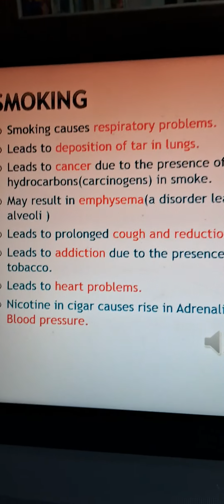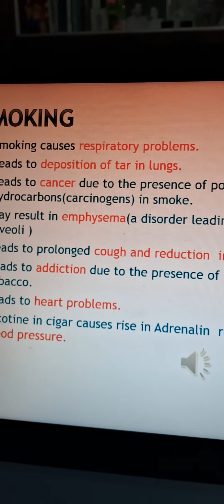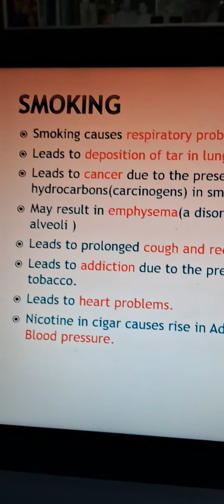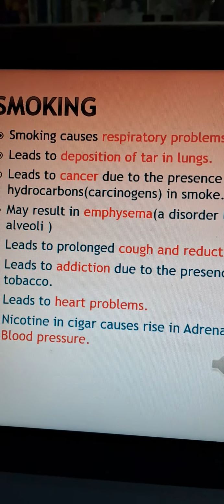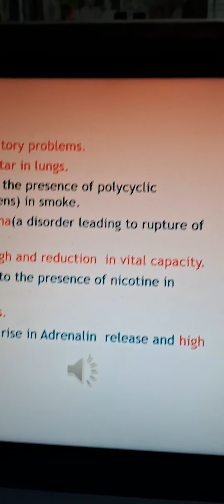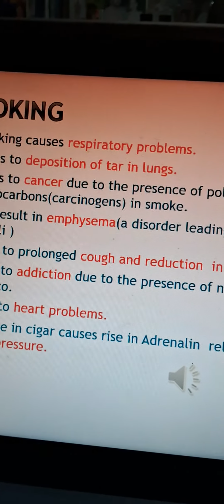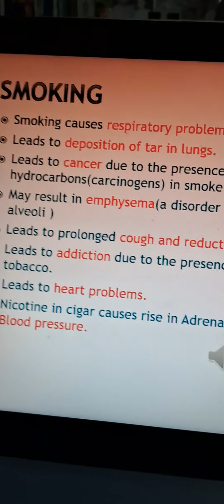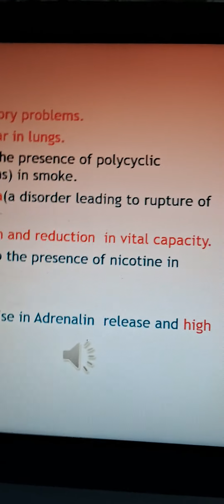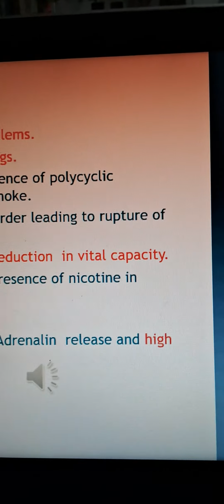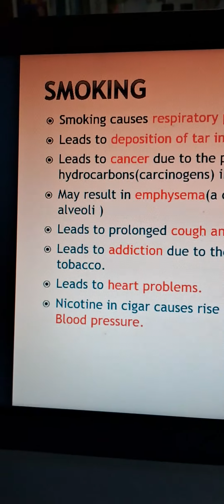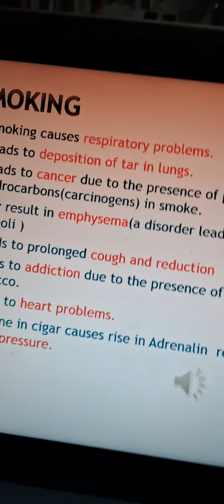Smoking leads to prolonged cough and reduction in vital capacity. Leads to addiction due to the presence of nicotine in tobacco. Leads to heart problems also. Nicotine in cigar causes rise in adrenaline release, and high blood pressure.